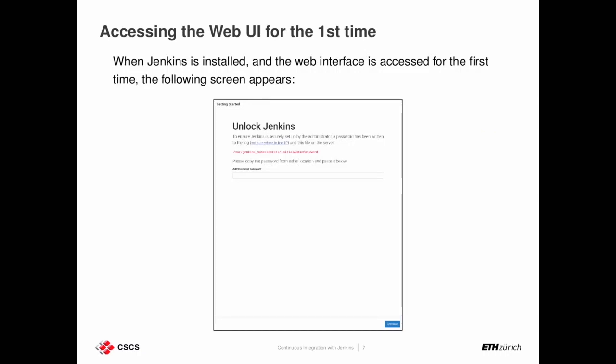When you install Jenkins and access the web UI for the first time, Jenkins asks for the unlock password, which it gives you at the command line interface. Also, if you forget it or you want to find it after you have finished with that, it gives you this path where you can go and find it.